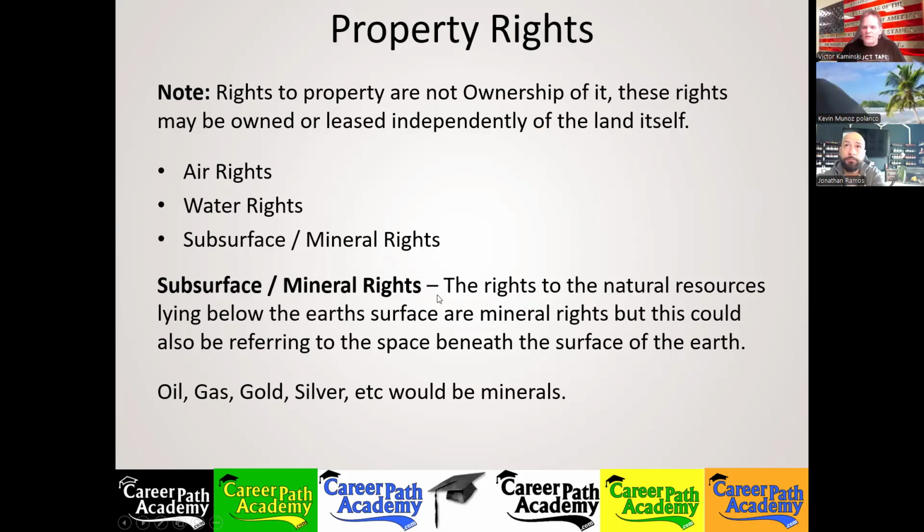Subsurface or mineral rights are the rights to the natural resources lying below the Earth's surface. Sometimes people just refer to them as mineral rights. But that could also be subsurface rights, could also just be referring to the space beneath the surface of the earth as well. Or it could be the minerals, the oil, gas, silver, etc., other kinds of minerals that are in the ground.